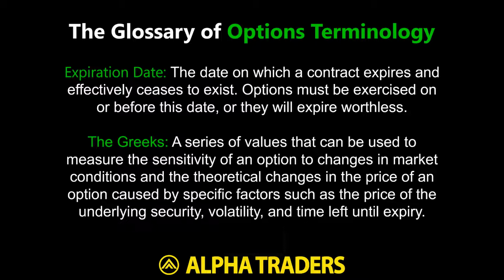Expiration date. The date on which the contract expires, really nothing crazy about that, and it effectively ceases to exist. Options must be exercised on or before this date, or they will expire worthless. Now, there is a caveat to that. For options that expire, we have weekly options, we have quarterly options, and depending on the market, you could have partial daily options, something like SPY or S&P 500.